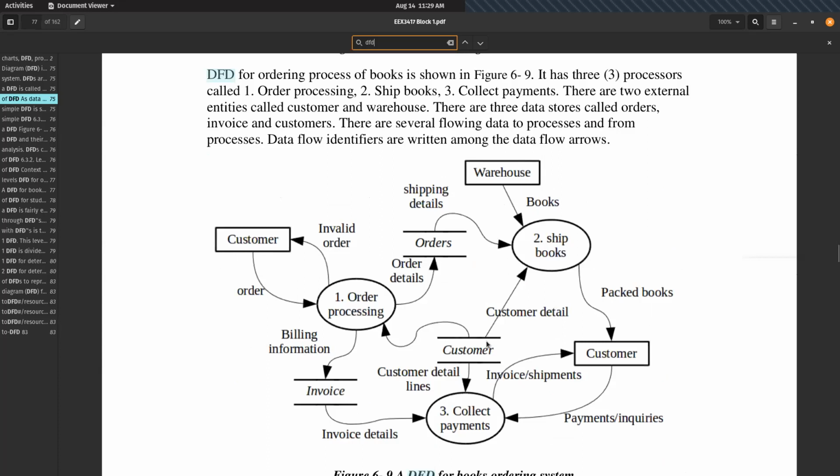This is one example. What is this level? Can anyone explain what this level is?